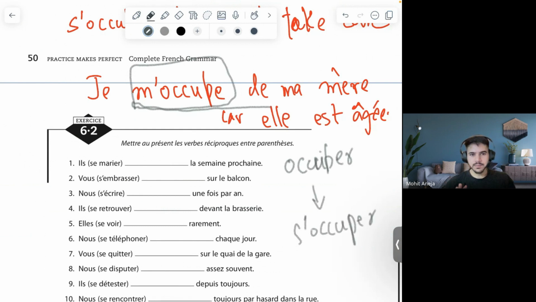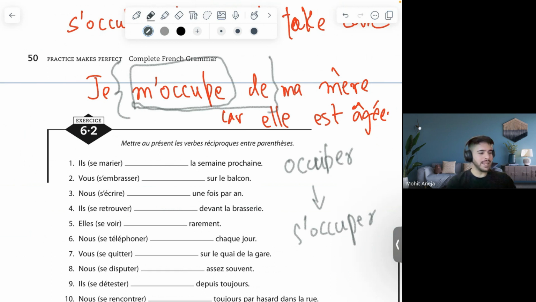The meaning has to be known before you actually use this. It might look like a pronominal verb, so it might mean that I'm doing that action on myself, right?